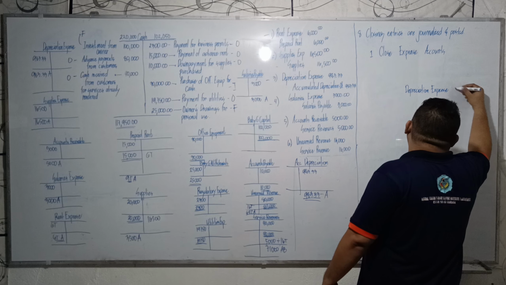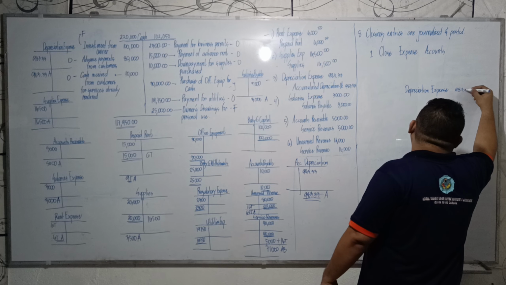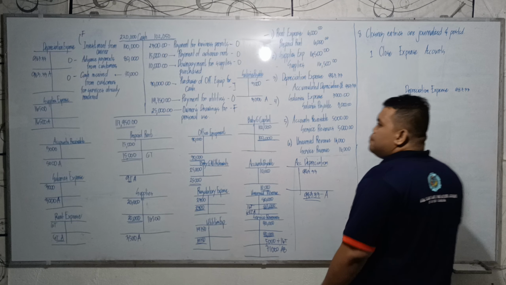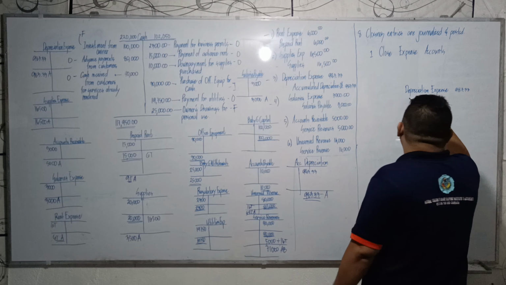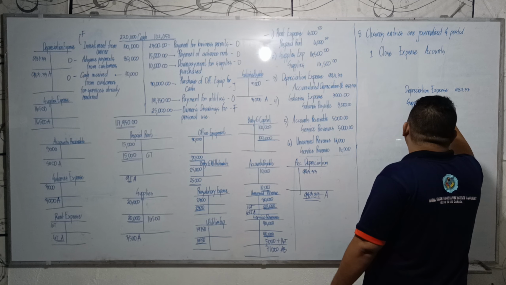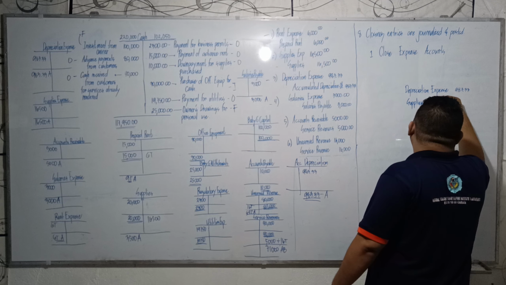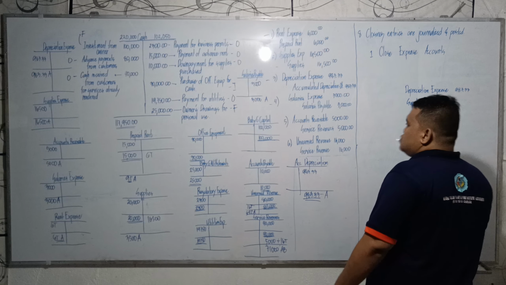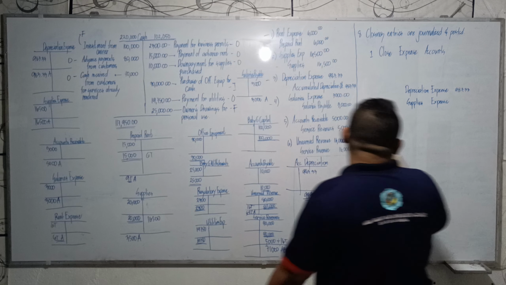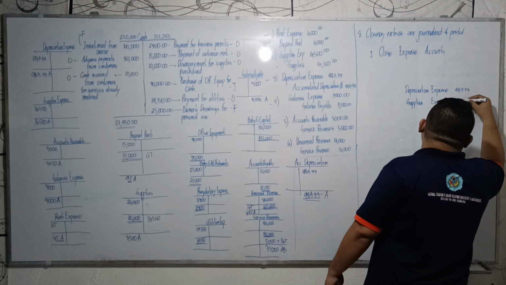Let's credit depreciation expense, which is 983.33. And then, let's also credit supplies expense. We have 16,500.